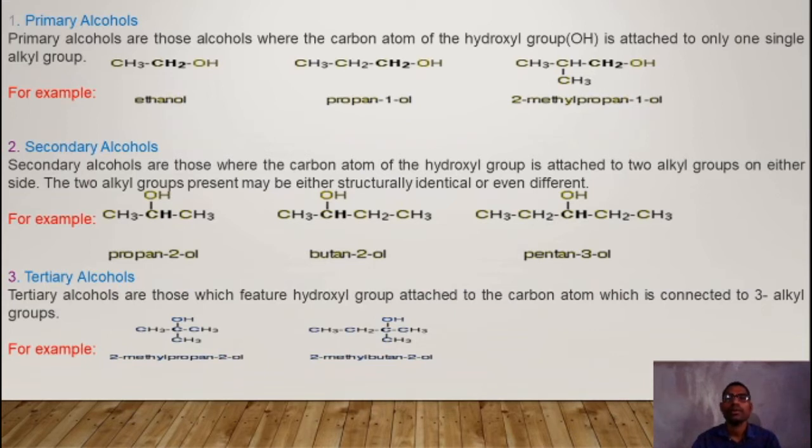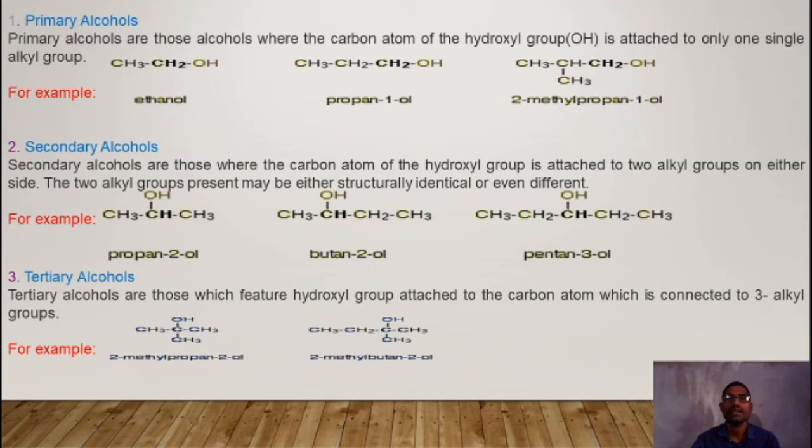Here you can see in 2-propanol, the hydroxylic carbon atom is attached to two other carbon atoms that are identical. In the next example, butanol, the hydroxylic carbon atom is attached to two different carbons in different environments, which are not identical. These are examples of secondary alcohols.